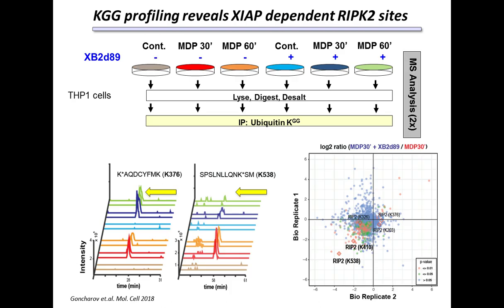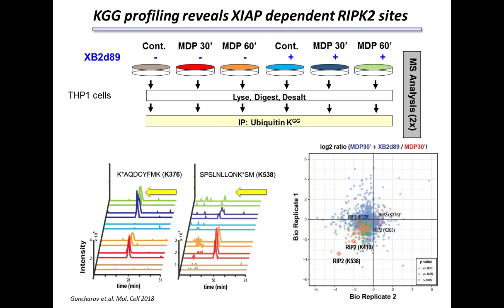So again, the question is, which ubiquitination events are induced broadly by MDP stimulation of the NOD2 receptor, and which of those can be specifically inhibited by blocking the XIAP ligase? And it was here that we got an interesting surprise. On the bottom right-hand side, what you can see is an XY scatter plot of two biological replicates for cells that were treated, basically comparing the 30-minute time point with MDP treatment versus that same treatment in the presence of XIAP inhibition.